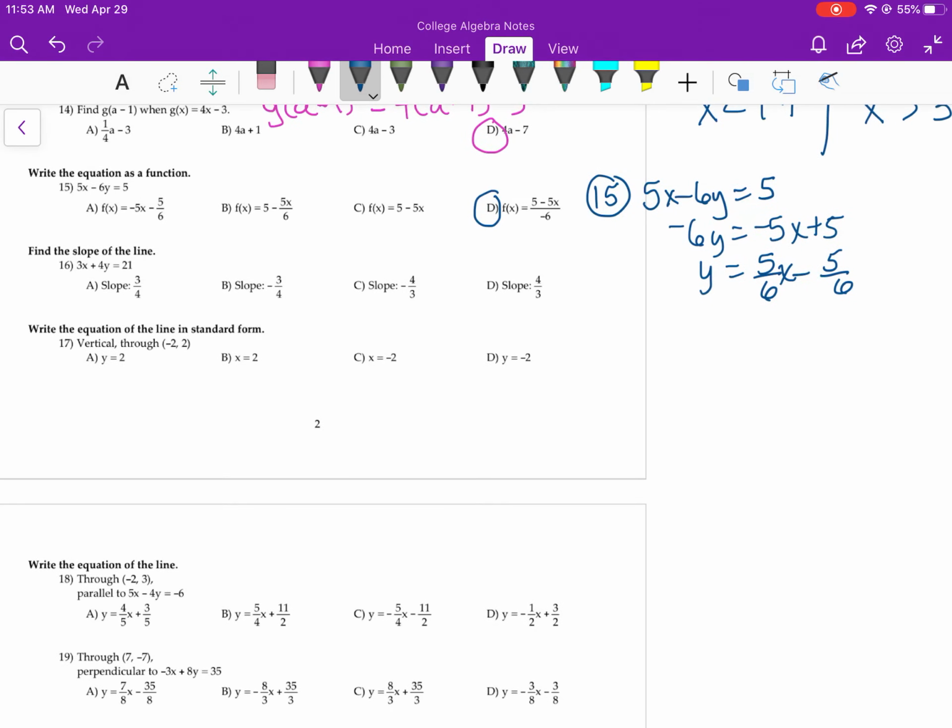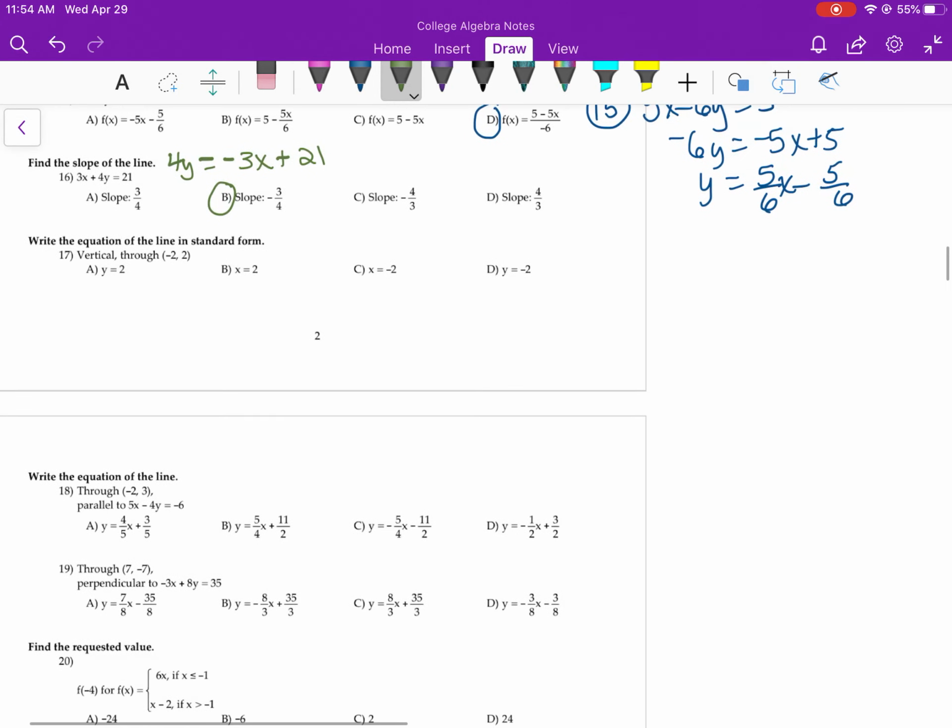Find the slope of the line. Solve for y again. I'm going to divide by 4, so my slope would be -3/4. Okay, this is a vertical line, so it's x equals, and then it crosses through -2, so x equals -2.